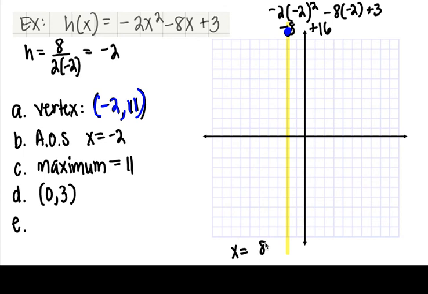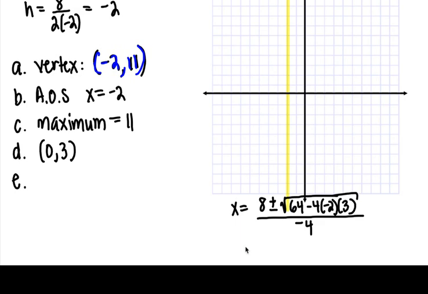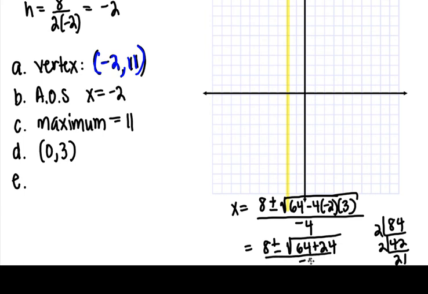So x equals the opposite of b plus or minus the square root of b squared minus 4 times a times c all over 2 times a. 2 times a is negative 4. 8 plus or minus the square root of 64 plus 24 is 84, and that's all over negative 4.